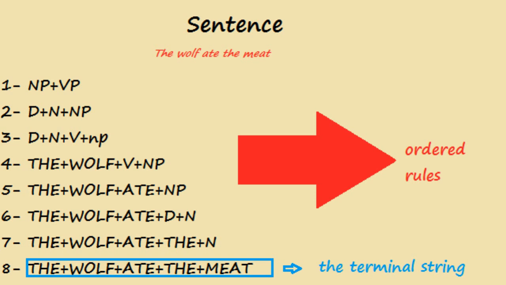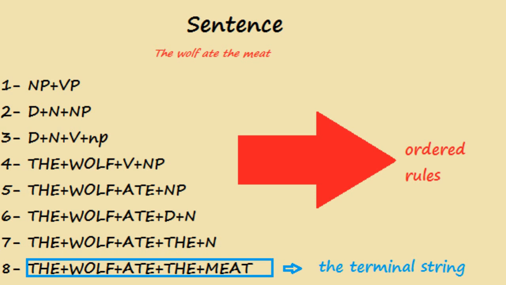He had another determiner and another noun. He kept replacing: the wolf ate the, noun. The eighth line, that is the last one, he wrote the wolf ate the meat. Here you go. He replaced everything, and this specific final line is called the terminal or the terminal string.